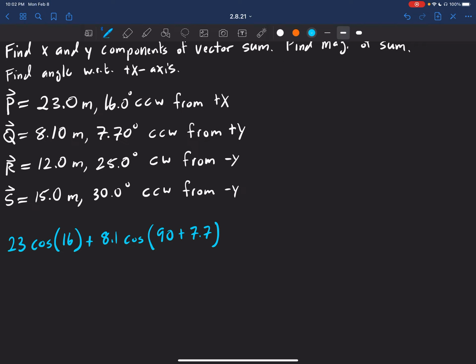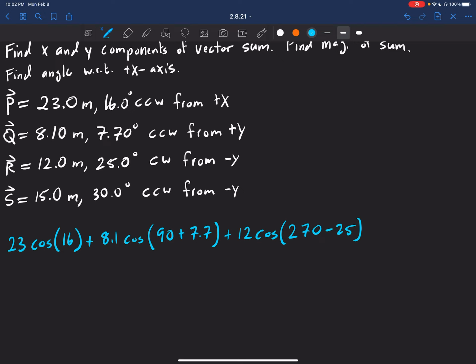The next one from vector r is going to be the magnitude 12 meters times cosine. This is going to be clockwise from minus y. Minus y is 270, and 25 degrees is going to be 25 less than 270. So this angle is 270 minus 25 degrees.